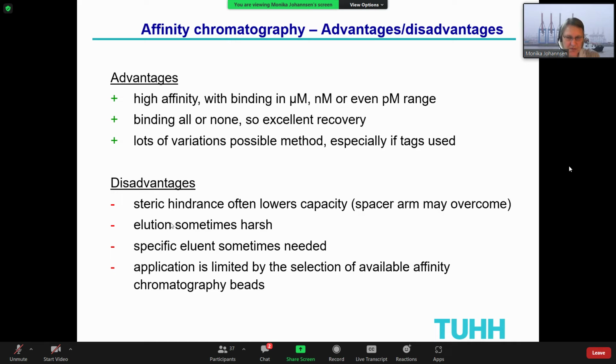To remove the target proteins from the matrix, sometimes we need very harsh elution conditions, and the application is also limited by the selection of available affinity chromatography. So it's a quite selective method, but not the only one, and not the solution for everything.